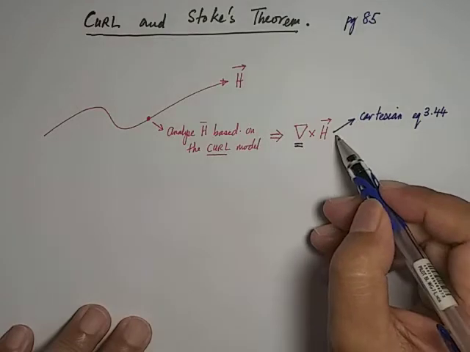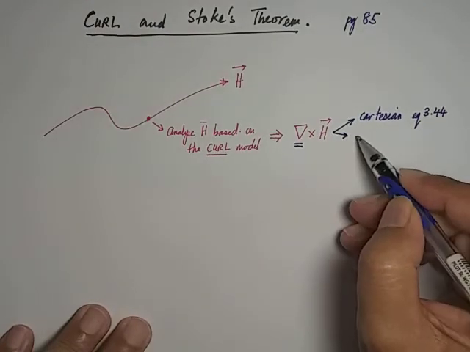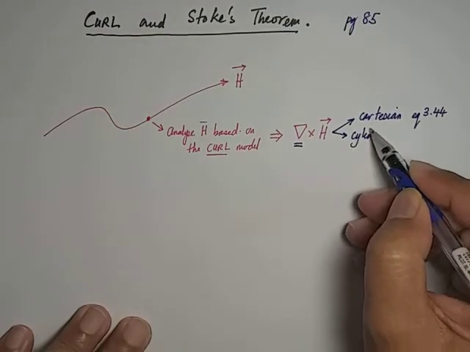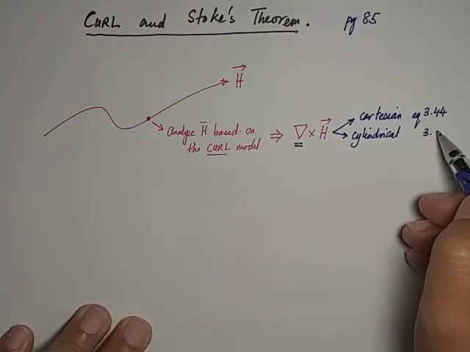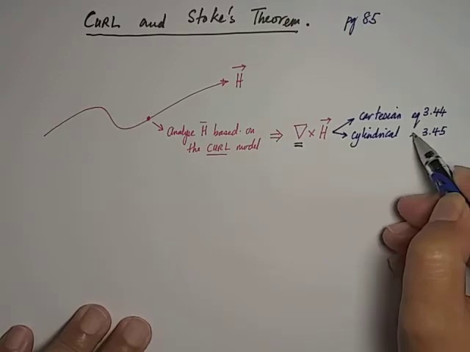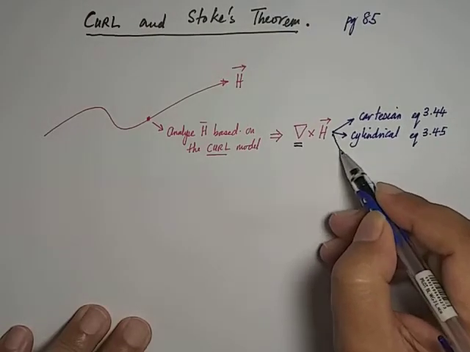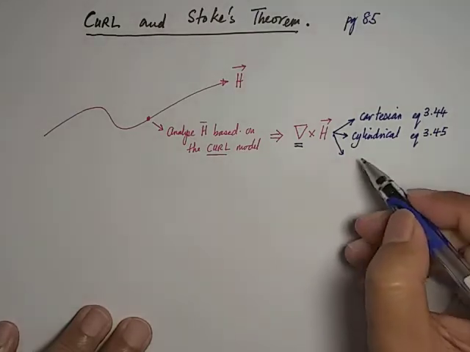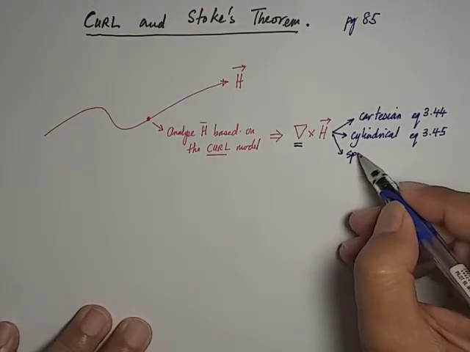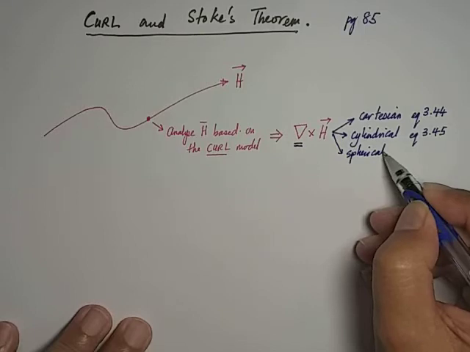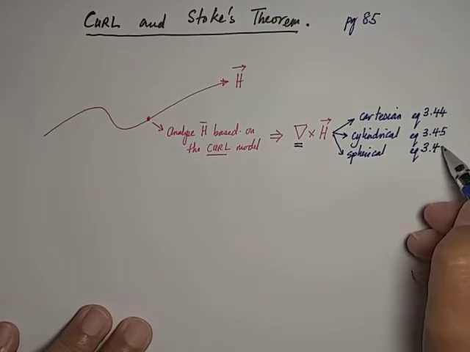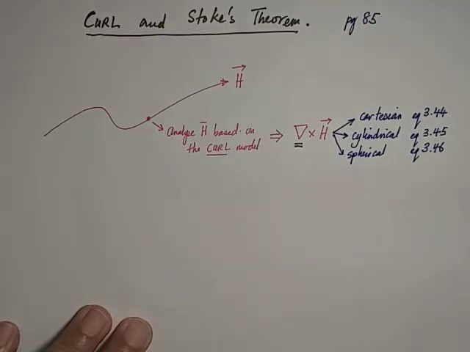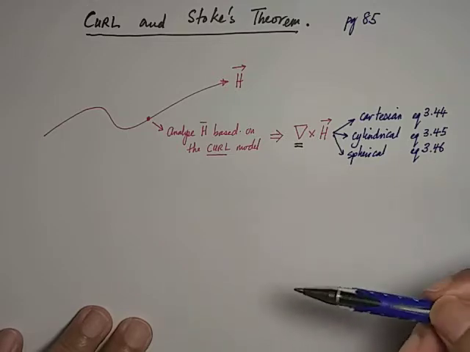If I want to use cylindrical as my preferred coordinate system, I have to use equation 3.45. Finally, for the spherical coordinate system, the equation is, as you can guess, 3.46. All these equations are available on page 85 in our textbook.